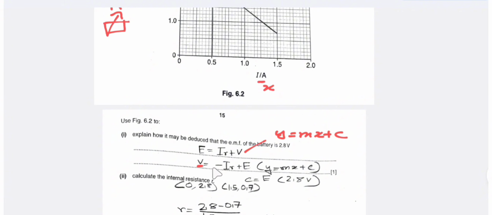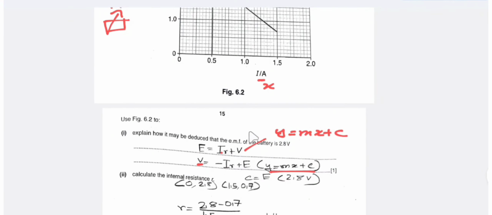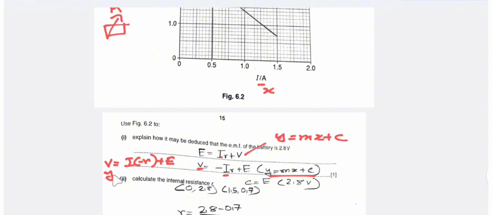So we have converted this equation into the form y equals mx plus c, where the y-axis is voltage V and the x-axis is current I. Further rearranging, V is equal to negative r times I plus E. So V is on the y-axis, current on the x-axis, the gradient is negative r, and c is E, that is the EMF.